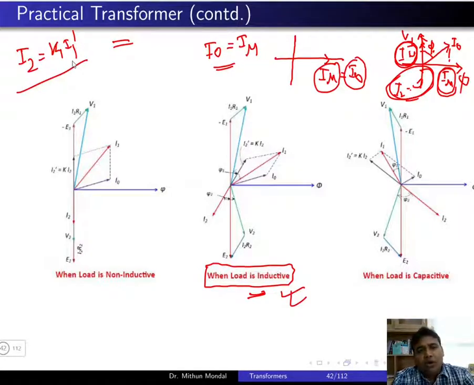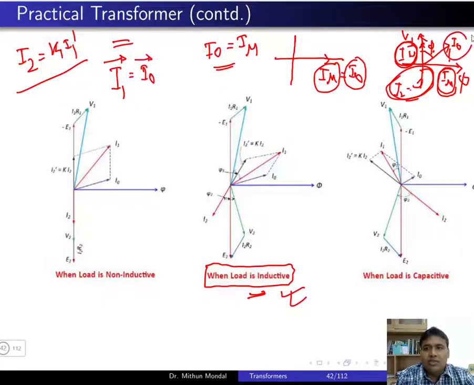So we can draw the phasor diagram of the practical transformer, and we know that the I1 vector is equal to I naught, that is the no load component of the current, which we have drawn here, plus K times I1 dash. So this is what we have got, right? So that we are going to see. So I1 dash we will try to get.